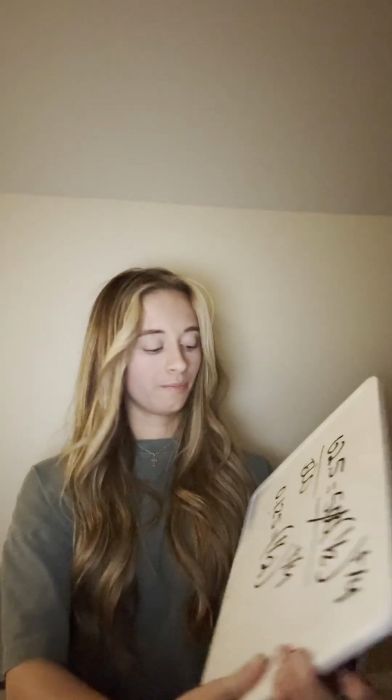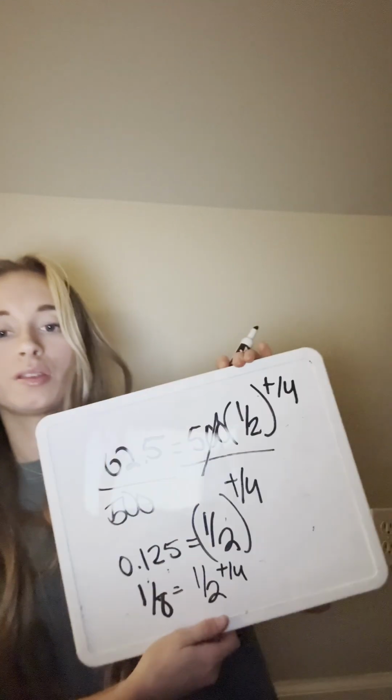This decimal can be converted to 1/8. So now we just solve for t. Now we have 1/8 equals 1/2 to the power of t divided by 4.